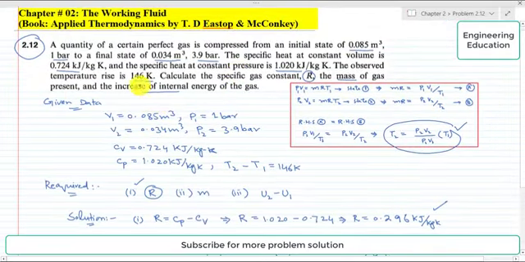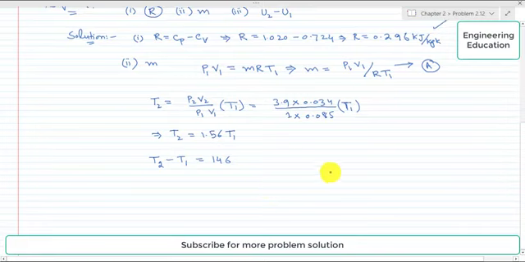So here, if we replace T2 by 1.56 times T1, we can write it like this: 1.56 times T1 minus T1 is equal to 146.